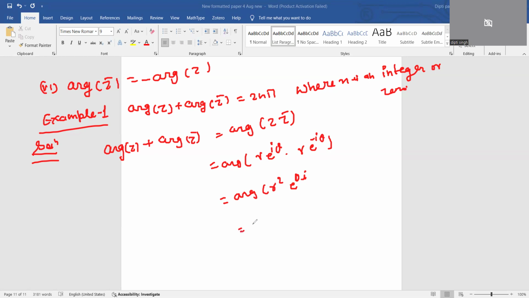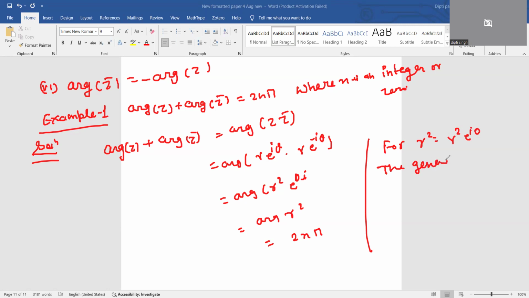That is, we can write argument of r square. So this is possible. So it is 2n pi. For r square, we can write it r square e to the power i0. The general value is given by theta equals 2n pi plus minus alpha.